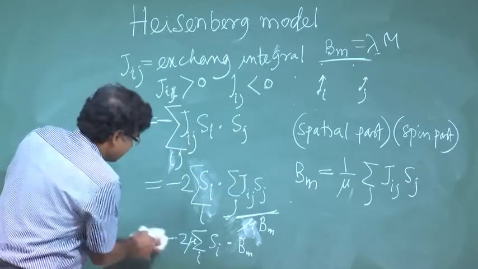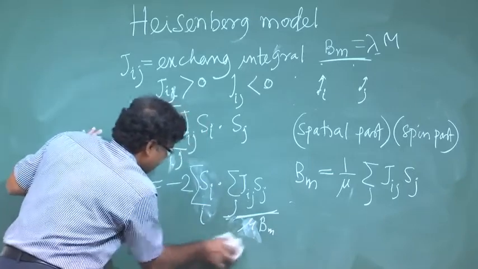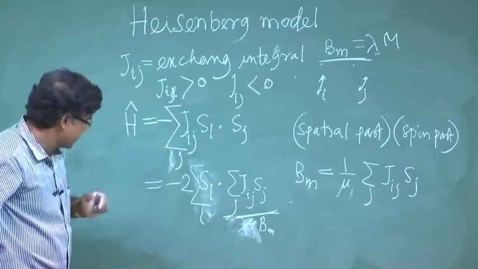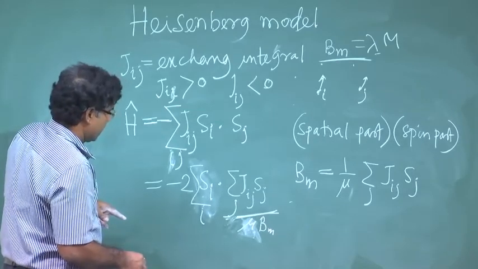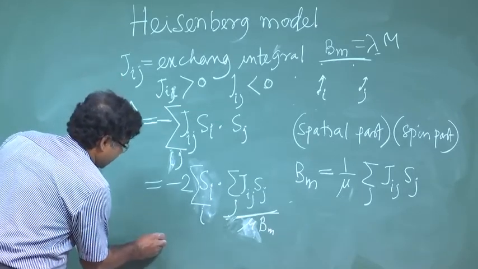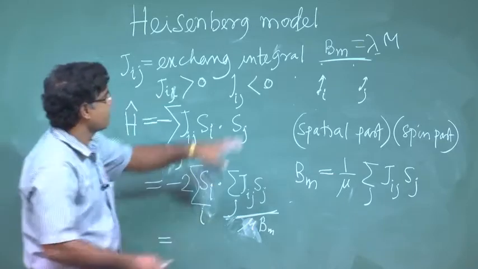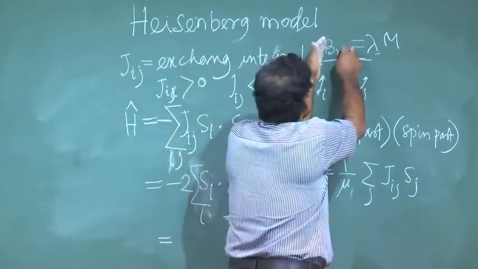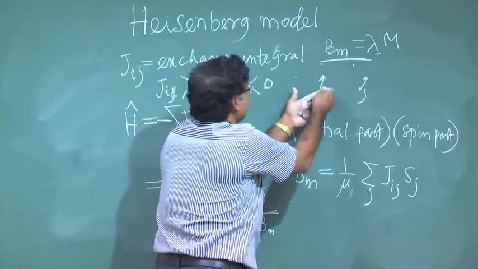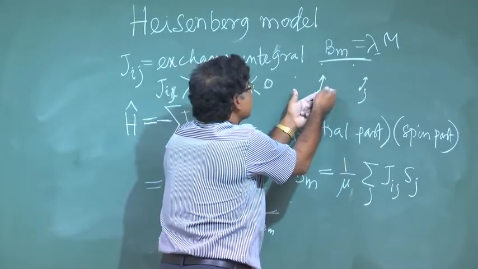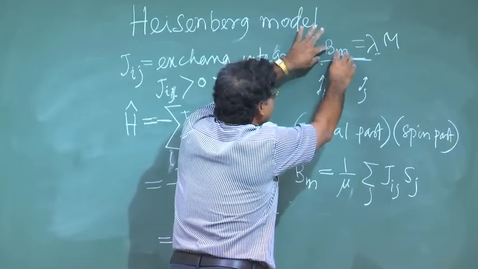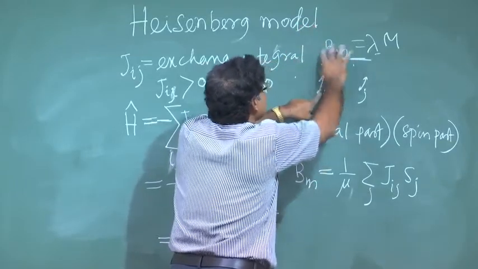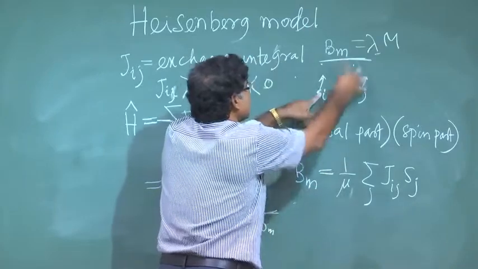So what should I do, what mistake have I done? If I consider this one, this Bm field is now applied on all the spins.